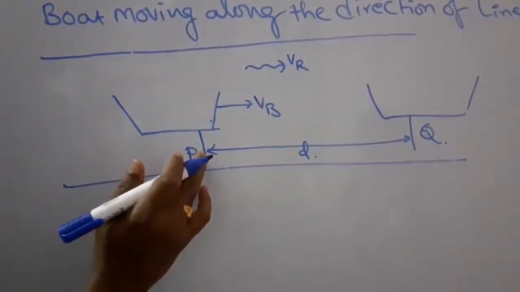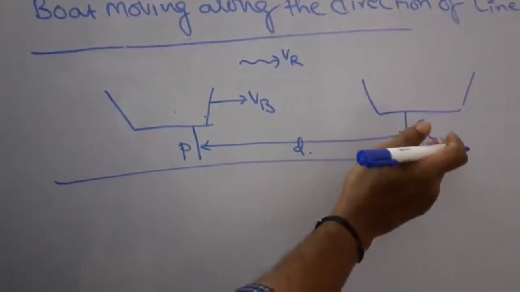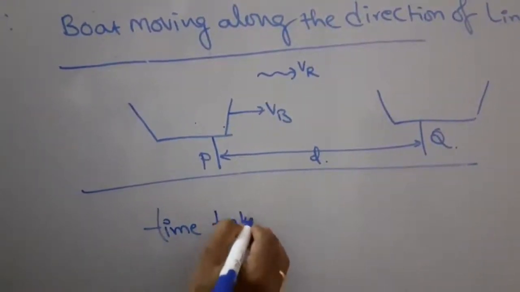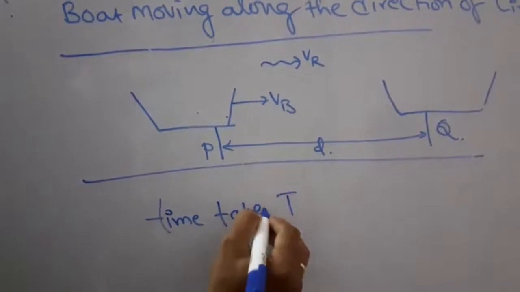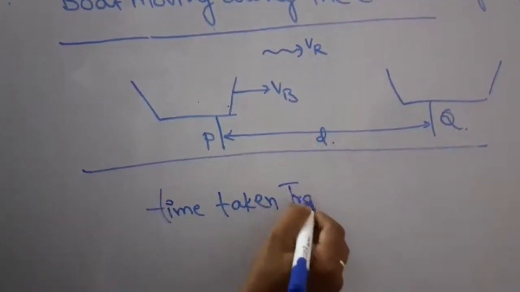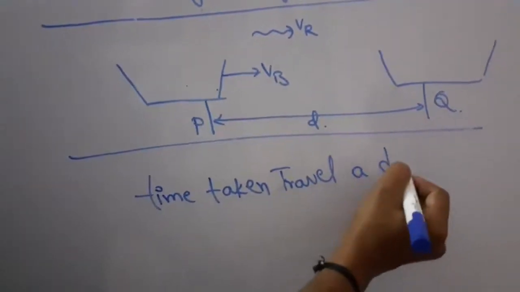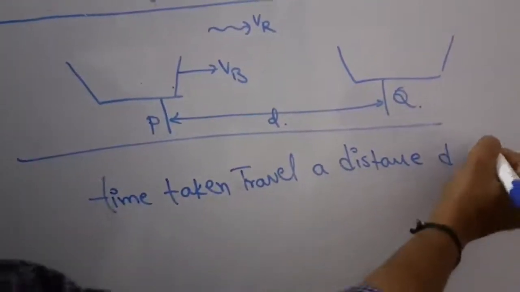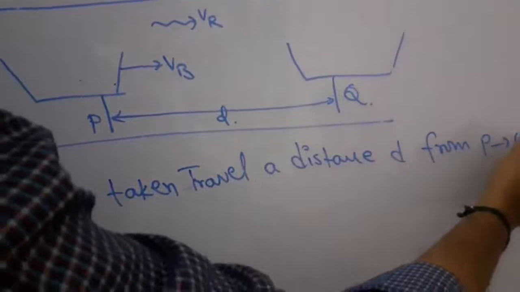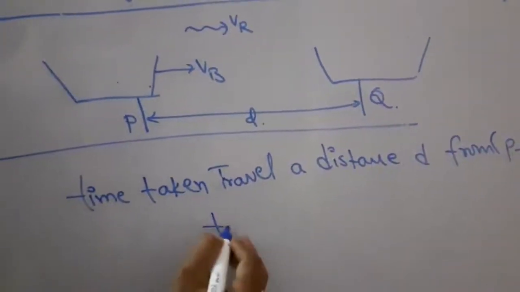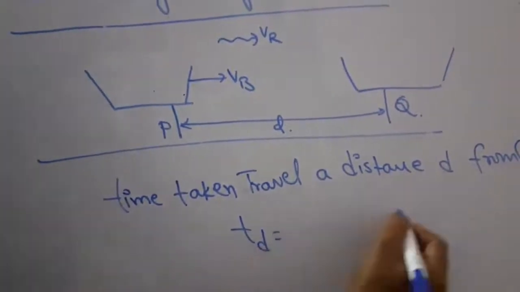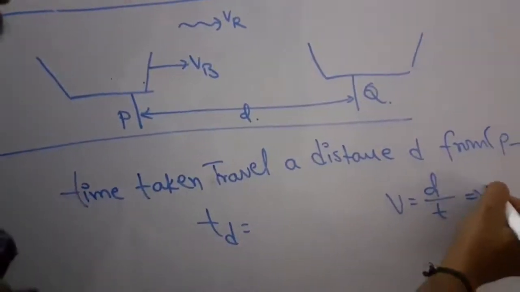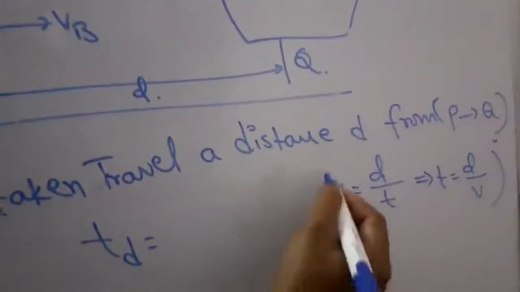The time taken by this boat to change its position from P to Q, to travel a distance D from P to Q, so T downstream: velocity is equal to distance by time, therefore time is equal to distance by velocity.